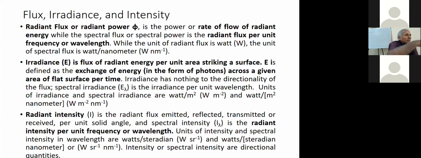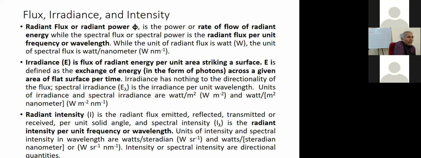The visible surface of the sun has a certain radius. If you consider that as r_s, the radius of the sun, then 4 pi r squared is going to be the surface area of that visible part of the sun's surface. So the radiant flux, 3.9 into 10 to the power of 26 watts, divided by 4 pi r squared, where r is the radius of the visible surface of the sun, will give you the irradiance.